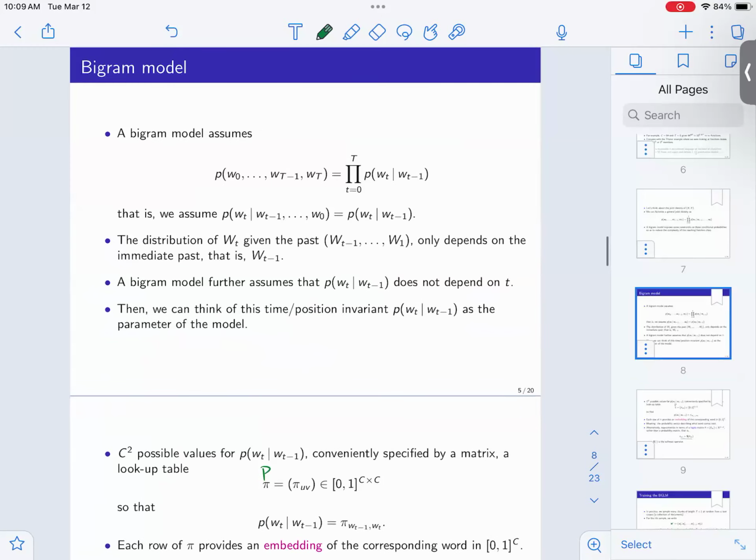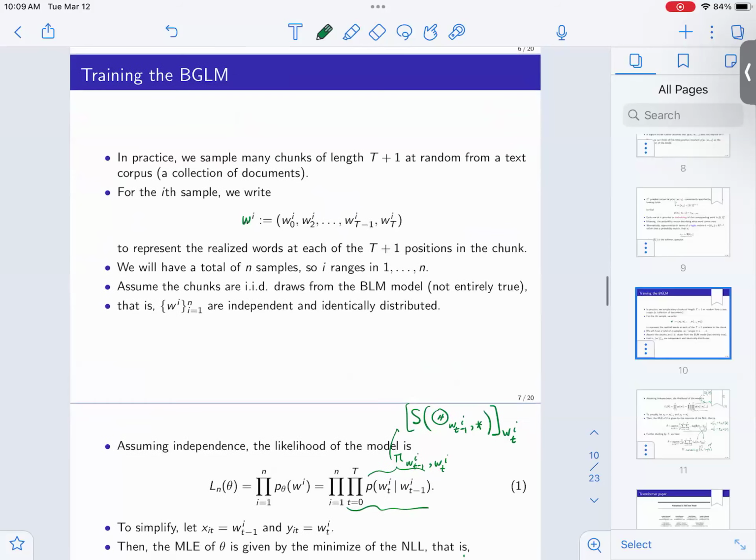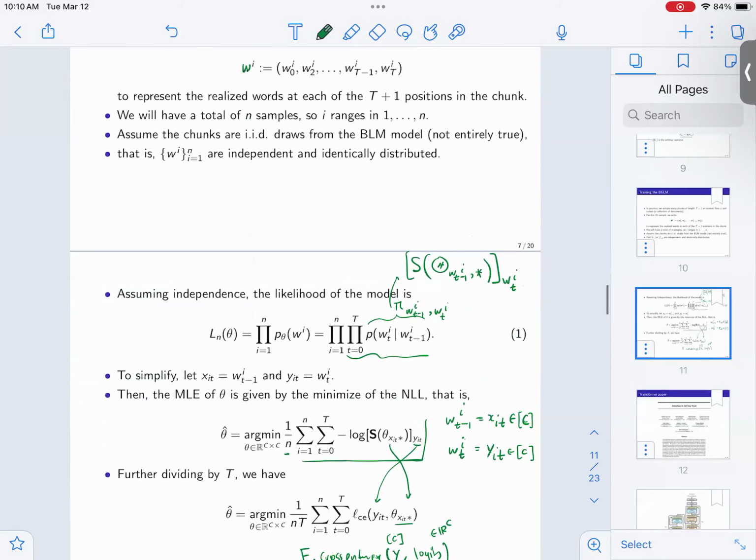So that's all we did last time. So we have these chunks. The superscript i tells you you're looking at the i-th chunk, and I'm treating them as independent. So when I write down the likelihood, because of the independence assumption, the first step is by assumption.